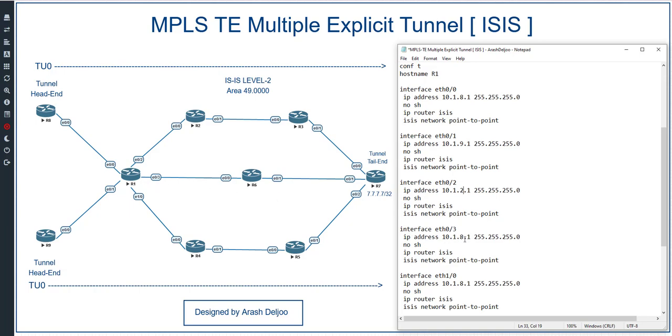Interface ETH0/3 is 10.1.61.1, and the other configuration is the same. After that, interface ETH1/0, the IP address is 10.1.41.1. That's it. As you can see, the configuration is easy and also fast.